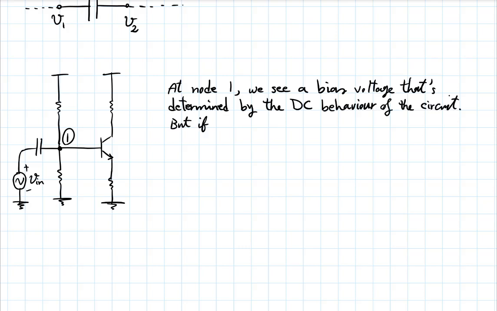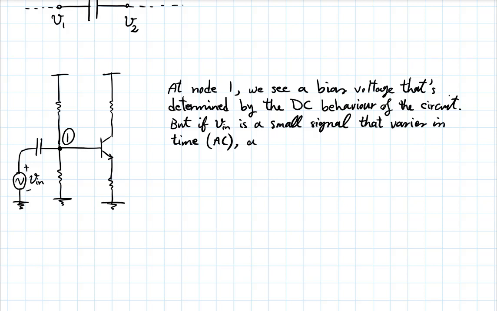But if V in is a small signal that varies in time, if it's AC, a good chunk of it will appear at node 1, just added to the bias point.